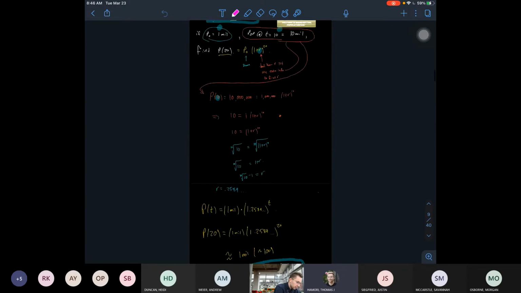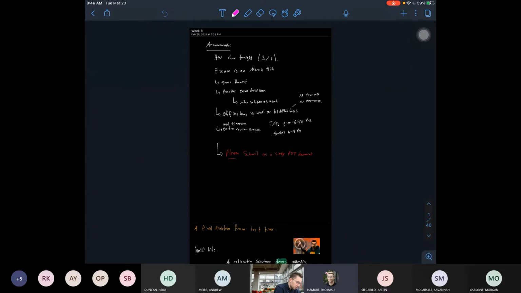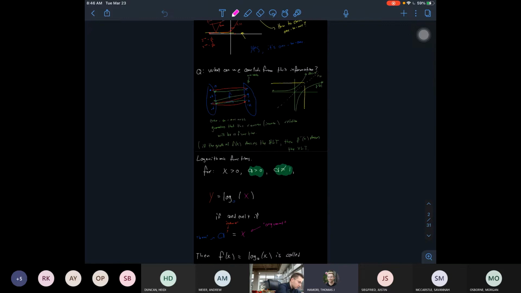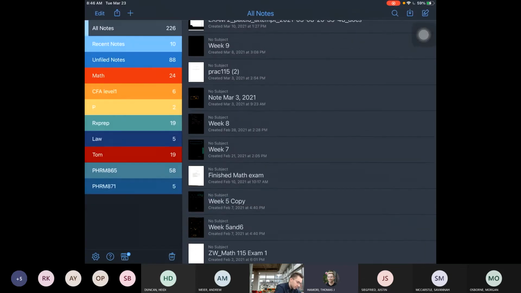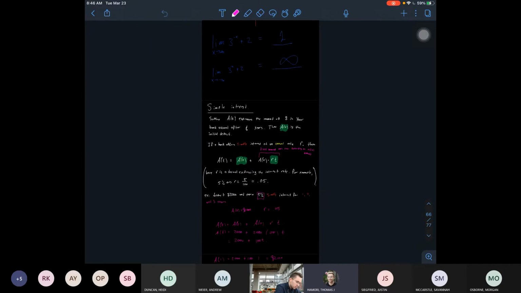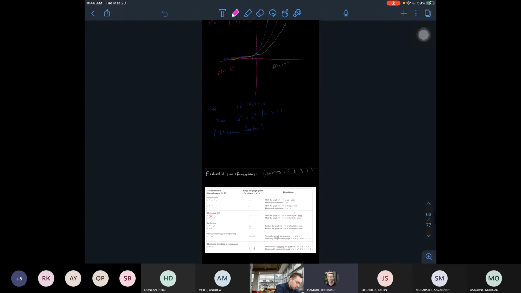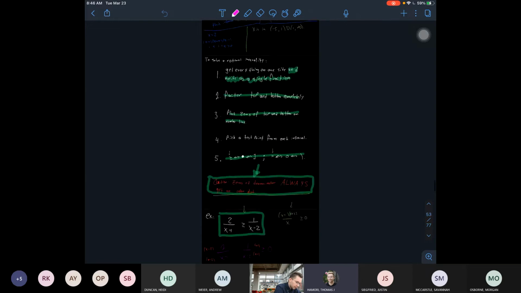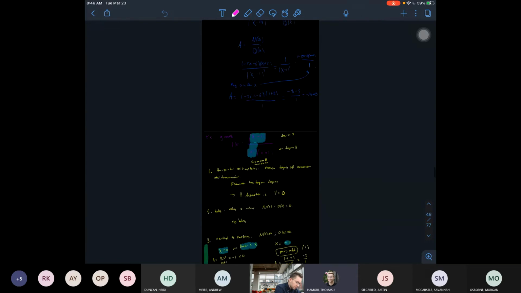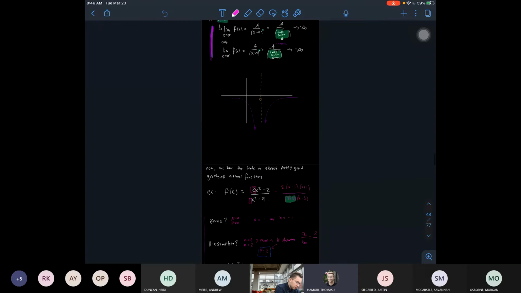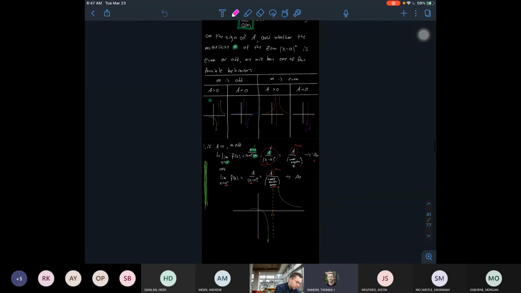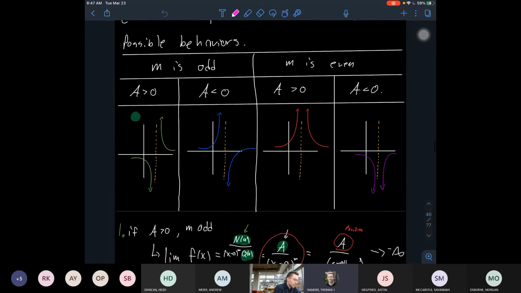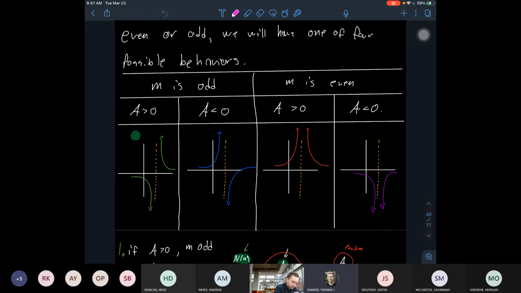Maybe that's not even far back enough. Week 7? No, before week 7 even. Hang on, let me find this. Oh, we're getting close now. Here it is. You can go back and look at these asymptotic behaviors, which we talked about with rational functions.